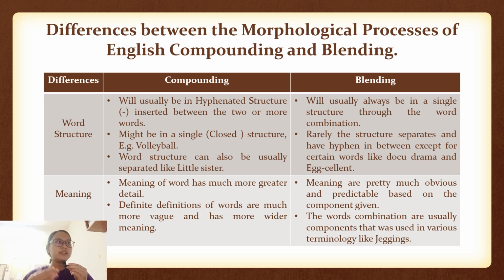And finally, the components that were used have terminology. As you know, jeggings is already in the dictionary. It is part of the diction in English. So those are the differences between the word structure and the meaning in the compounding and blending processes of morphology.